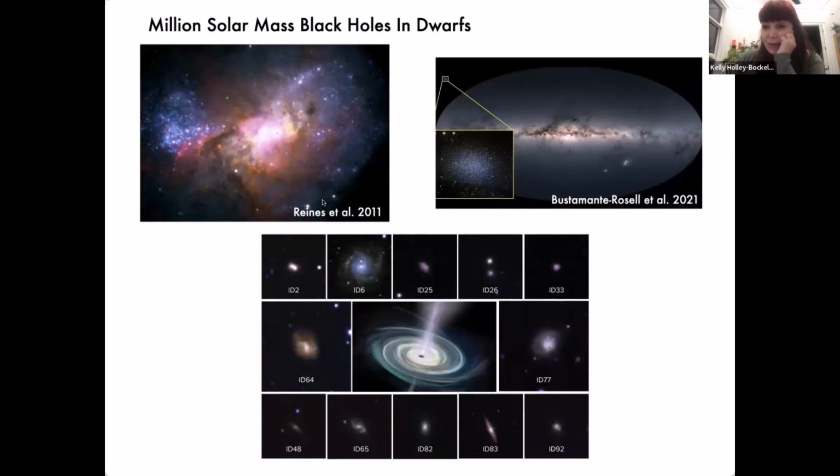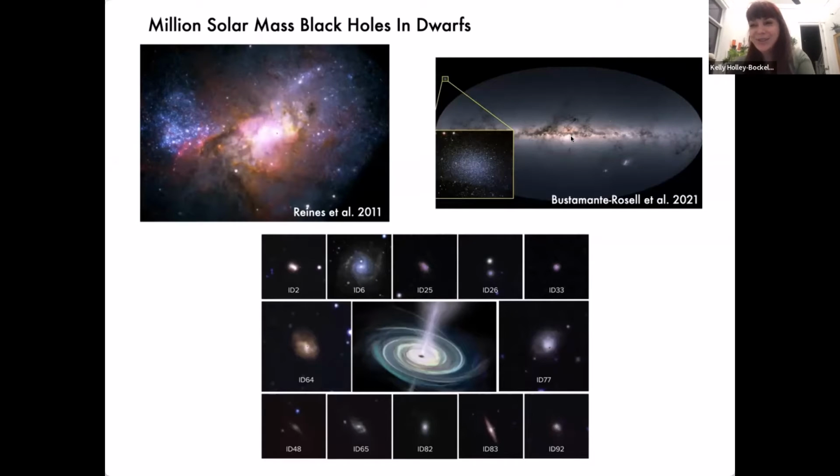This is a very famous one by Amy Reines, Henize 2-10. It lives in something that's kind of like the mass of the Large Magellanic Cloud. Here is another recent finding in a little satellite galaxy called Leo I. There's a 1 million solar mass black hole. And at the center of the Milky Way, there's a 1 million solar mass black hole.